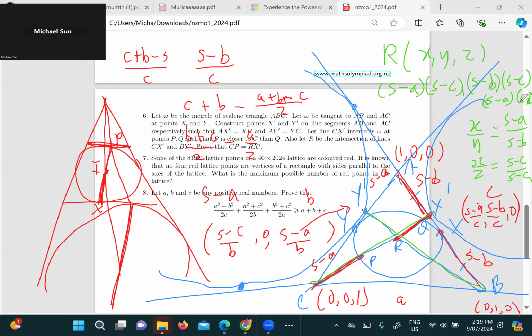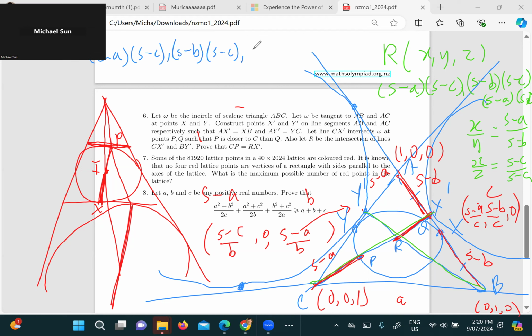S minus C on S minus A. Yeah, I think it's S minus A squared. Let me just erase some stuff. S minus A, S minus C, S minus B, S minus C, S minus A squared.